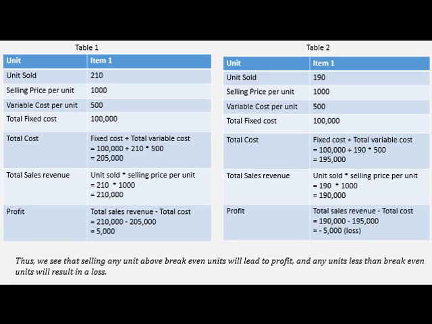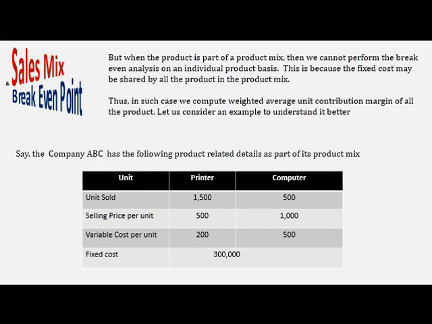But when the product is part of a product mix, then we cannot perform the break-even analysis on an individual basis. This is because the fixed cost may be shared by all the products in the product mix. Thus, in such a case we compute the weighted average unit contribution margin of all the products. Let us consider an example to understand this better.